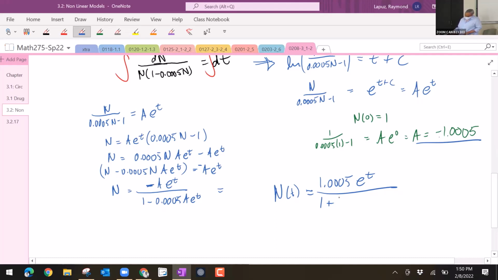And I just got 0.0005 again. Is that right? Yes. Wow. I think that's what I got. So this is our particular solution to our differential equation.